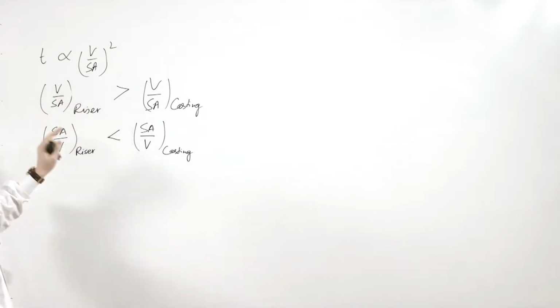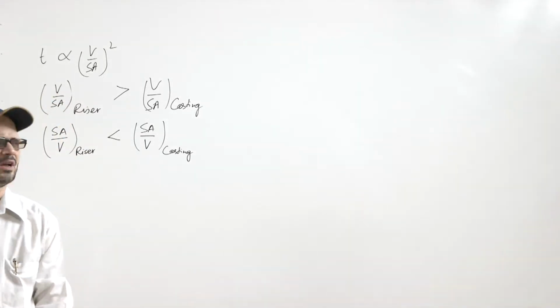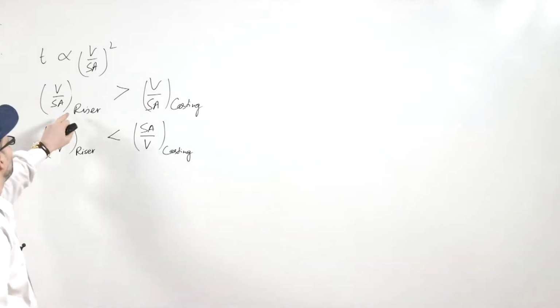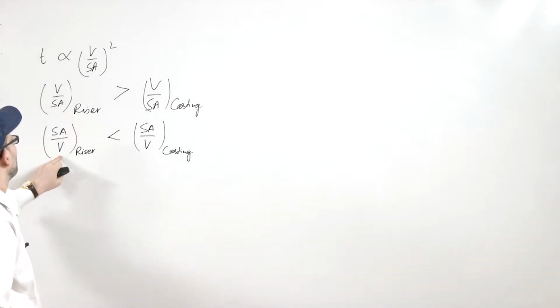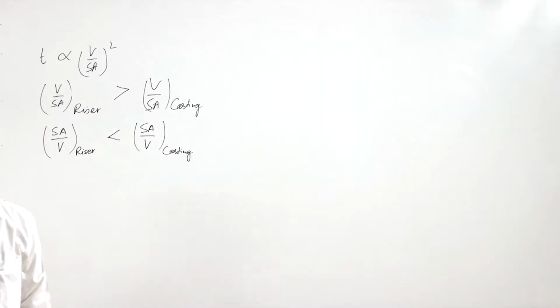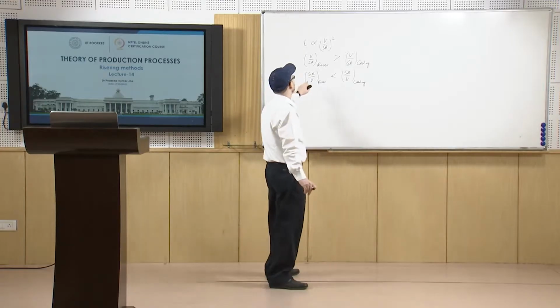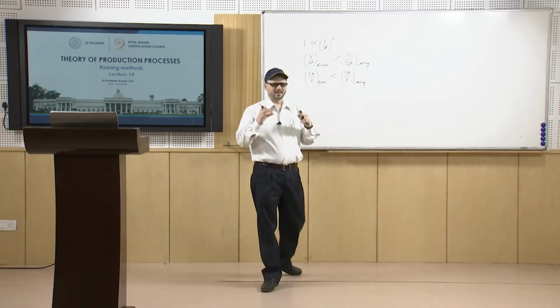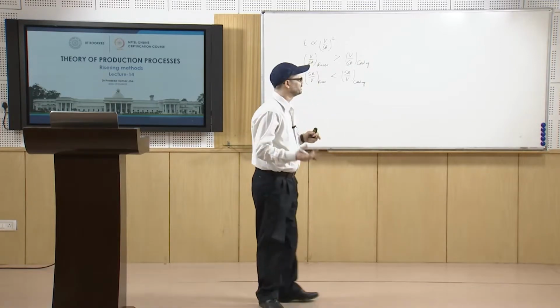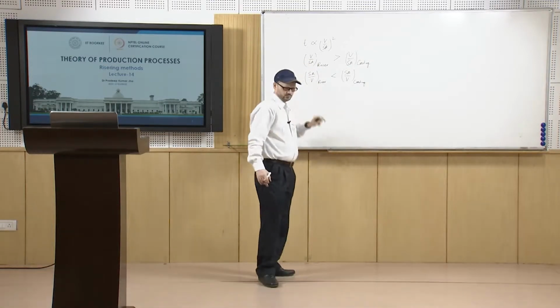So if V by SA is more for the riser, this has to be lesser for the riser, because if this value is higher, it will take less time to solidify. So, this has to be of lower values.